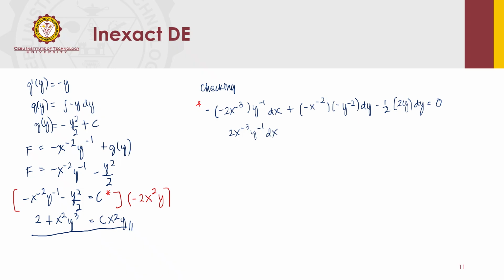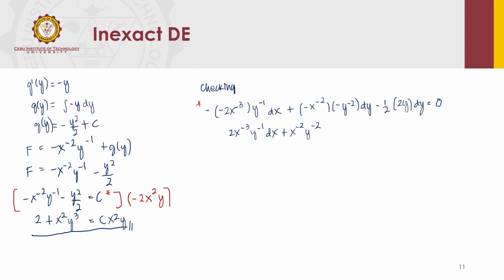So the resulting equation should be the exact DE, not the original equation because that's an inexact DE. It's the one after multiplying the original equation with the integrating factor. So for the dy, that's going to be plus x to the negative 2, y to the negative 2.